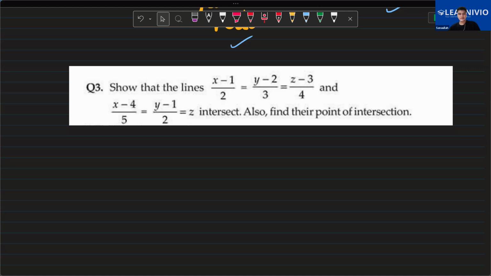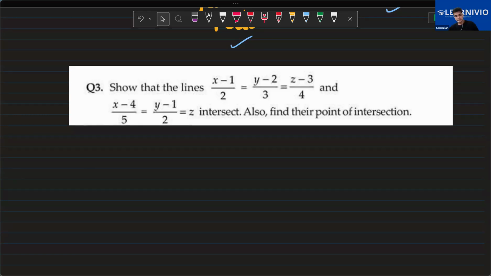So from two equations you can find your lambda and mu, and you can substitute those values in the third equation. If it satisfies, then you can say that the lines intersect. एंड उसके बाद आप पॉइंट पुट करके वहां पे आप एक्स वाई जेड निकाल दोगे, ठीक है.